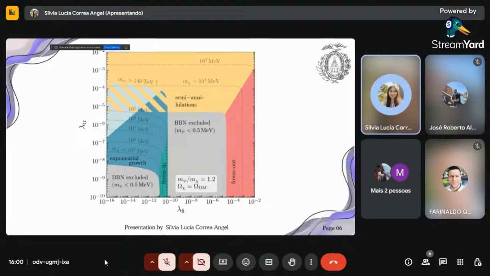In the light blue part here, the values of this one could not be bigger, because if they are bigger, they will require masses bigger than 140 TeV, and in this case it will violate in some way the thermal cross section we are using here.